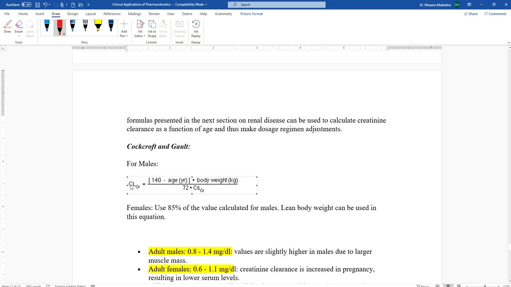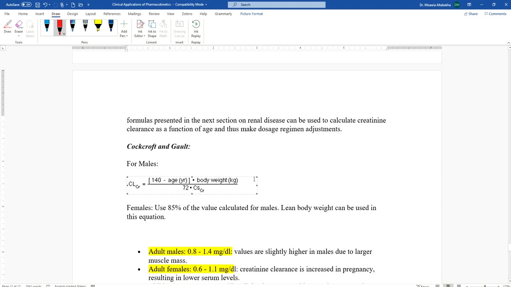What does it say? It says the creatinine clearance in ml per minute is equal to 140 minus age in years, multiplied by body weight in kilograms, divided by 72 multiplied by the serum concentration of creatinine expressed as milligram per deciliter or milligram percent.